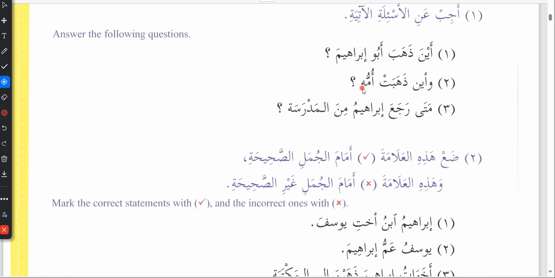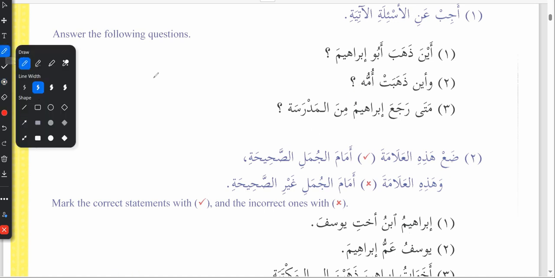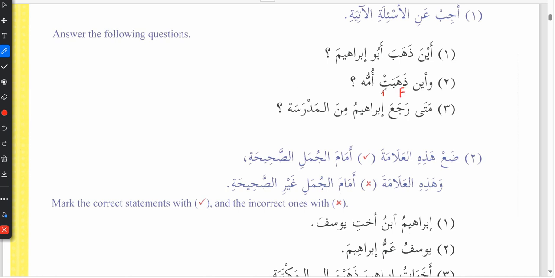When to where? إلى خالة خالته. His khala. So instead of using khalati, you will use khalatahu. And khalatahu will be in the position of maf'ul bihi. Why? Because we have the fi'l, we have the fa'il, and then we have the maf'ulun bihi.